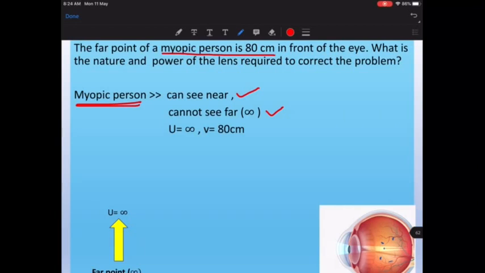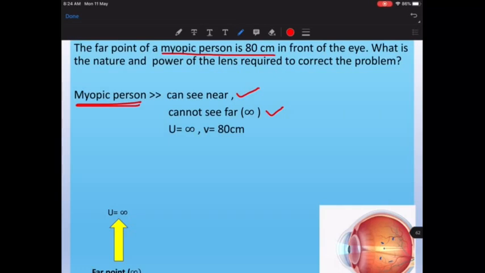He wants to see infinity, but he can only see 80 centimeter. Some of you are writing very correctly: U is going to be infinity and V is going to be minus 80.